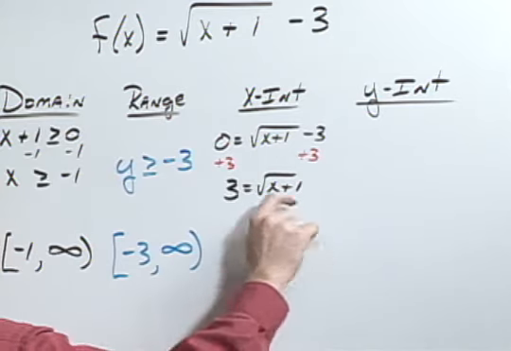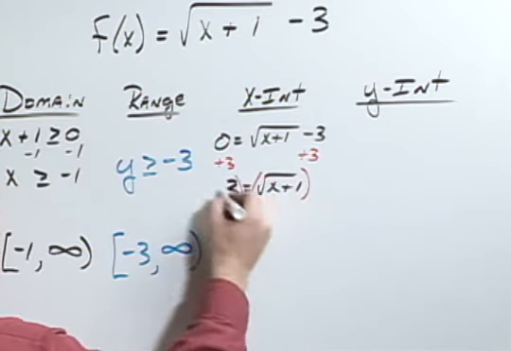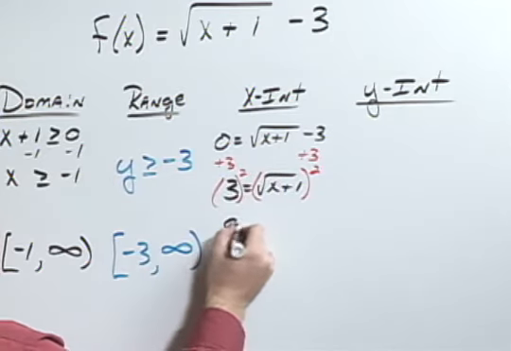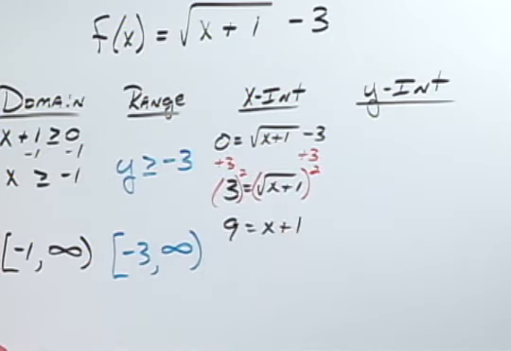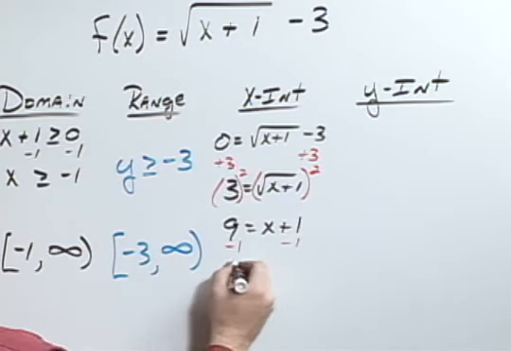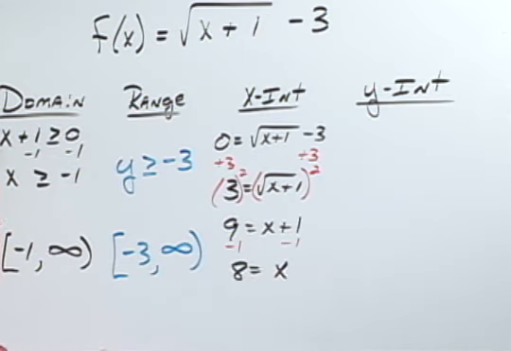And then to eliminate the square root, I can square both sides of my equation so that I have 9 equals x plus 1. Subtracting 1 from both sides, I get 8 equals x. Since this is an x-intercept, I'll have (8, 0) as my coordinate.